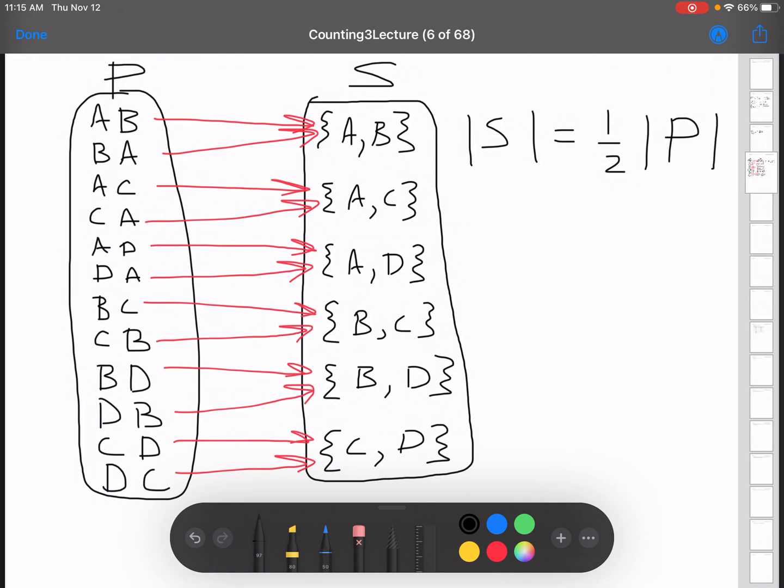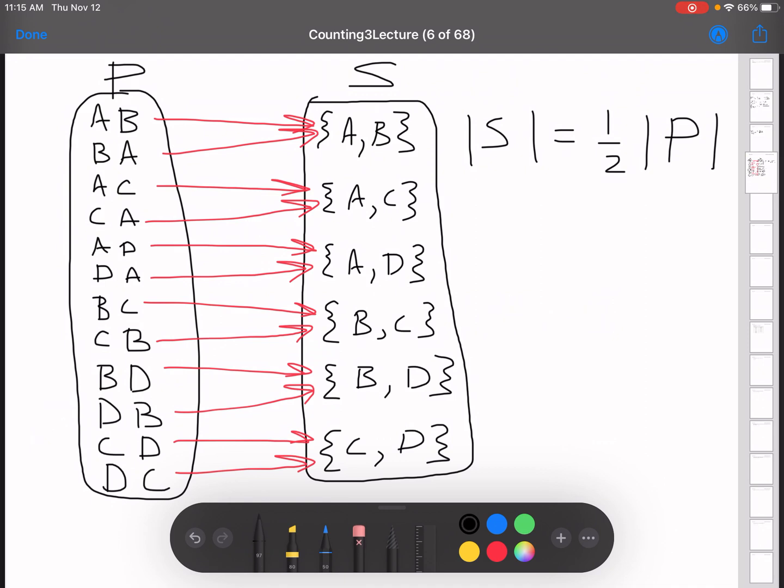And try to see why this is, but beyond just saying, okay, well, sure, 6, which is the number of things here, is 1/2 of the number of things here. But there's more to this than just saying, okay, 6 is 1/2 of 12.